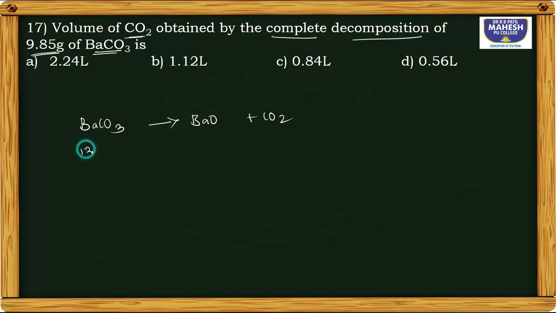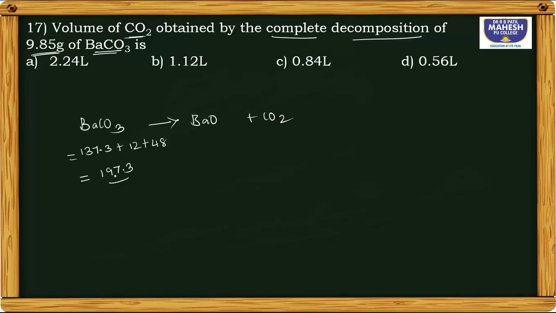Barium is 137.3 and carbon is 12, oxygen 16 into 4, 48. When I add these three values, I am going to get 197.3. This is the molar mass of barium carbonate.